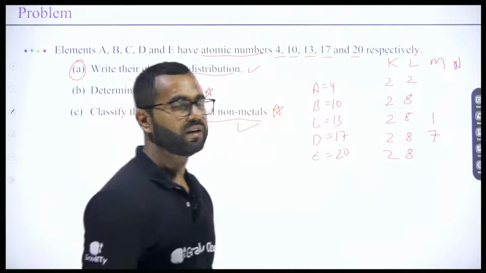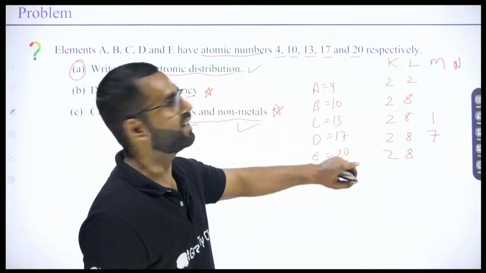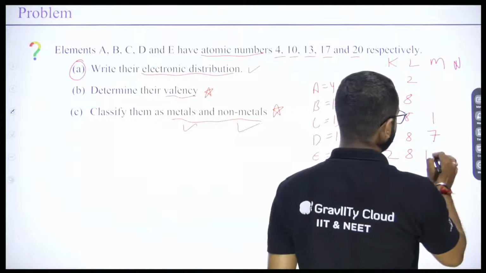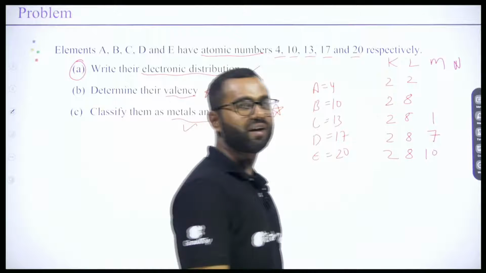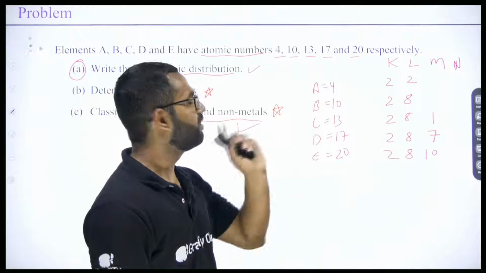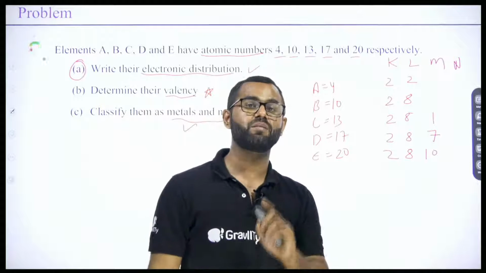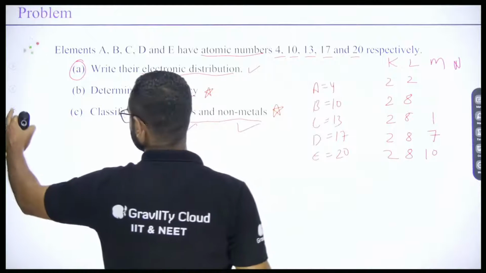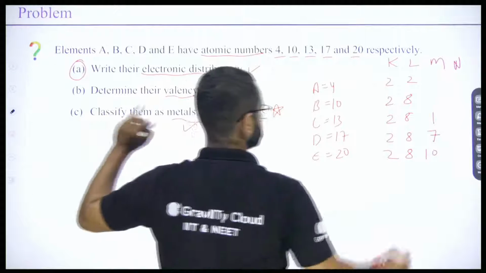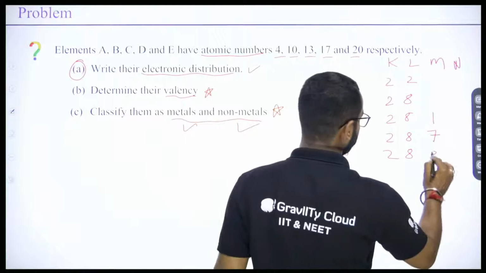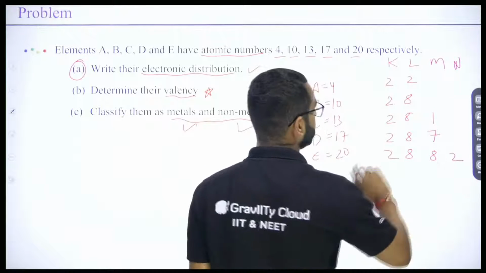10 plus 10, 20. Can I put 10 electrons in M shell? If I put 10 electrons in M shell, that means the outermost shell or valence shell is having 10 electrons, which is not possible because the valence shell can have maximum 8 electrons. So we'll keep 8 electrons here and 2 electrons here. So 8 plus 2, 10.